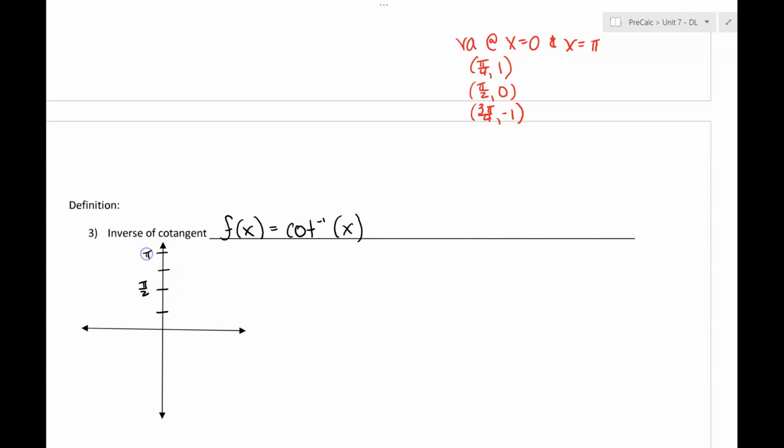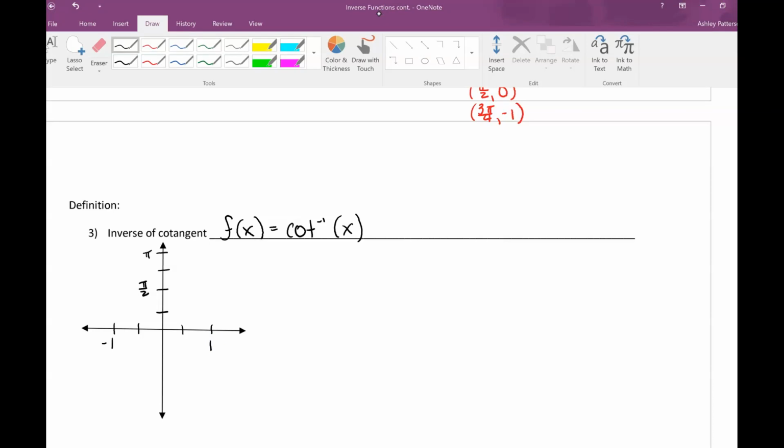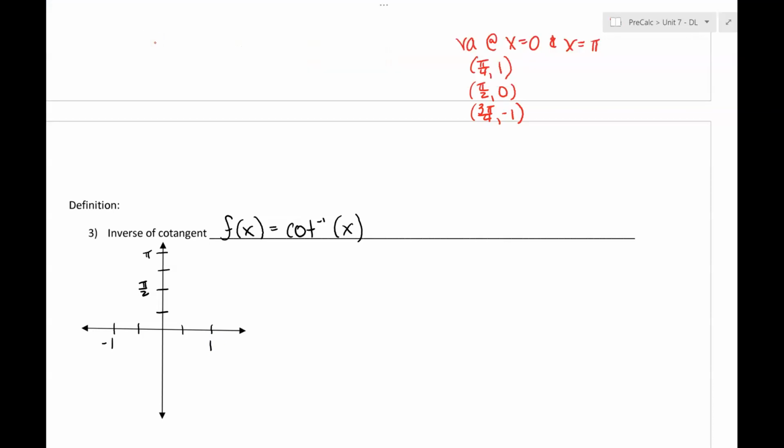Pi over 2 and pi, and then our y values go from -1 to 1, which, since this is the inverse, is where our x values are going to go. Okay, vertical asymptotes become horizontal asymptotes. So we have a horizontal asymptote at y equals 0 and y equals pi.